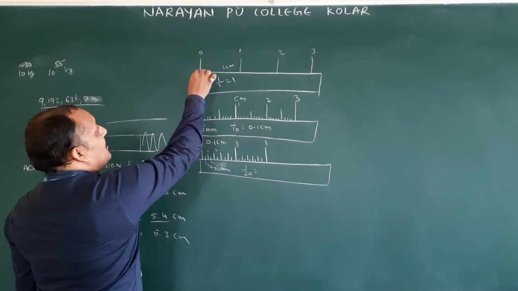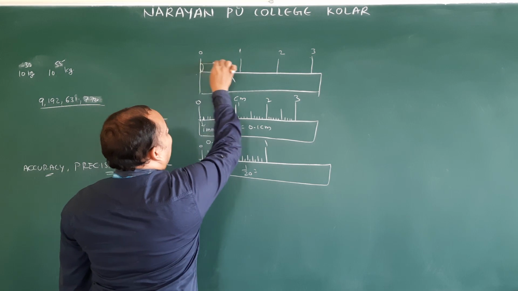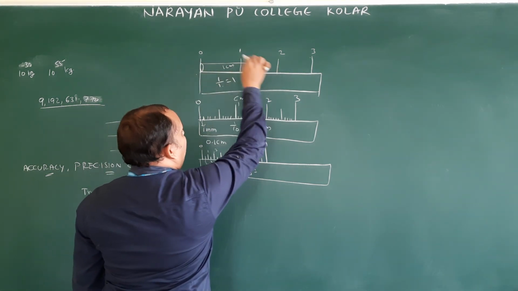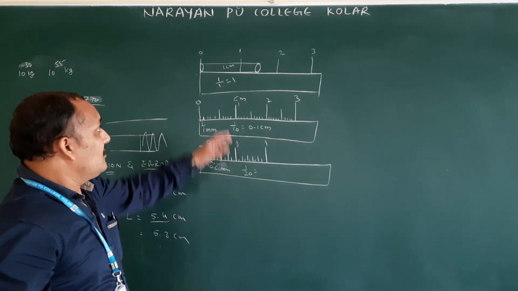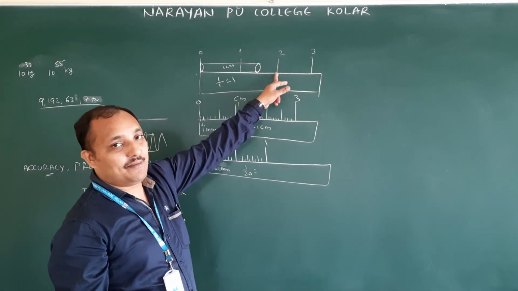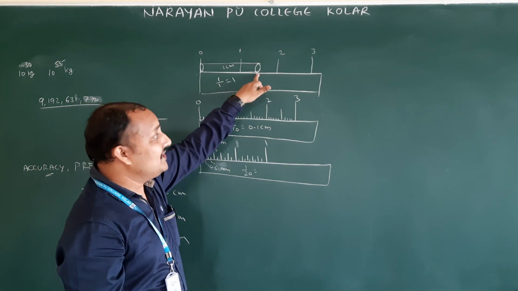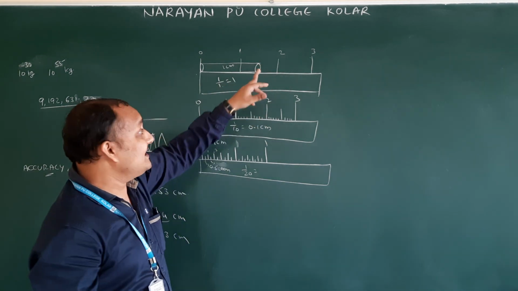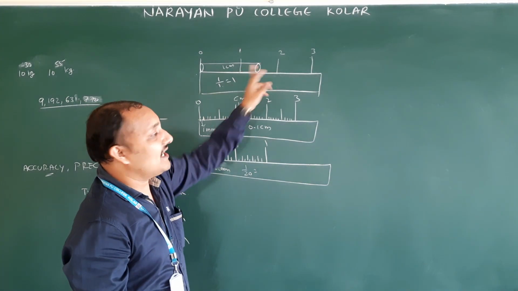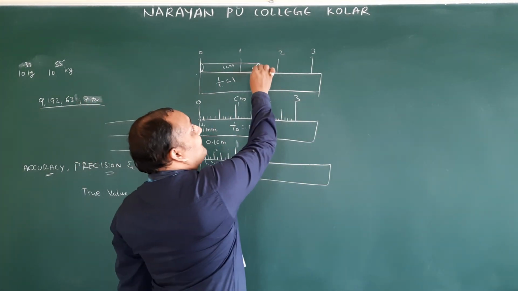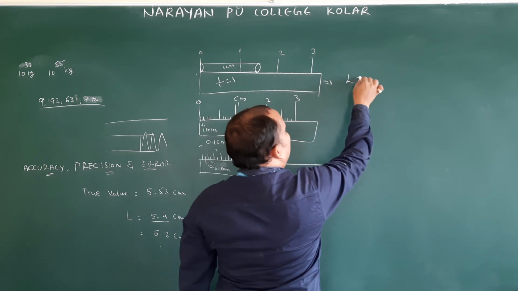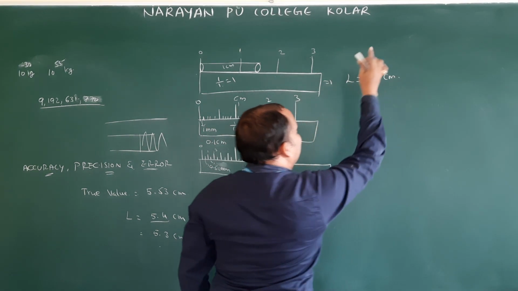This is only a chalk piece. I am going to measure the chalk piece's length. I kept it like this, up to here. Now you came to know this one is 1, and this one is 2. How will we assume this value? Let us assume it is exactly in between 1 and 2. Therefore, the length of the chalk piece by this scale is 1.5 centimeters.